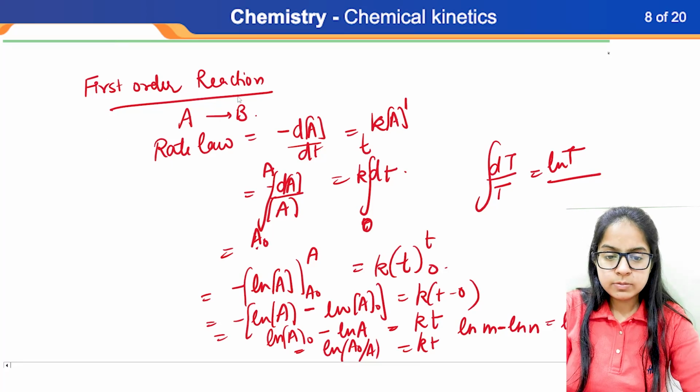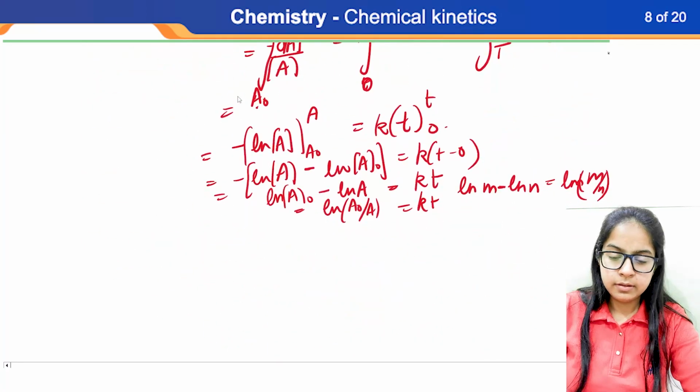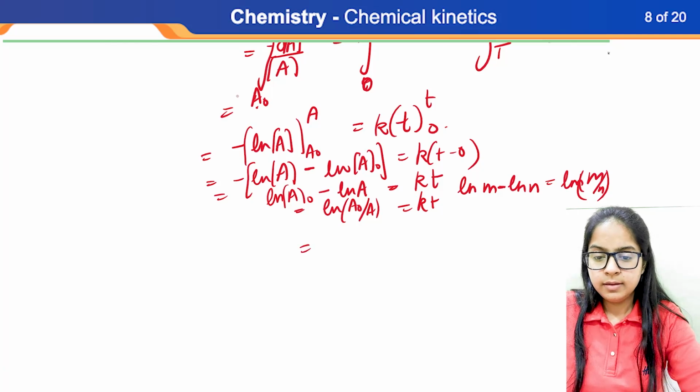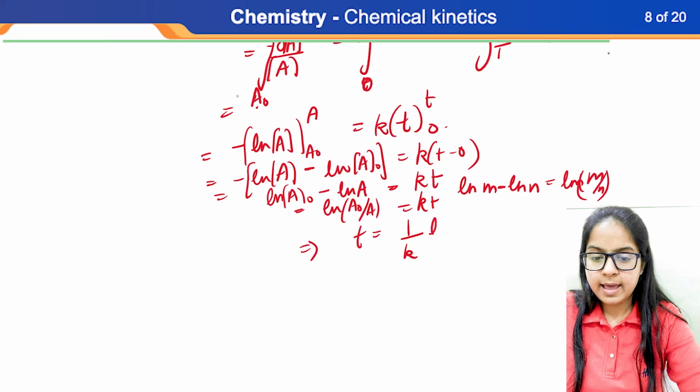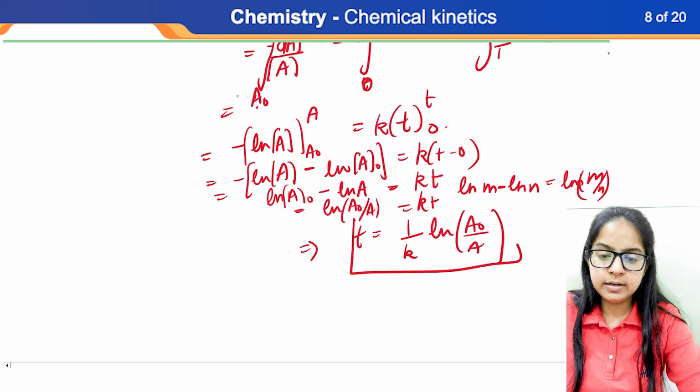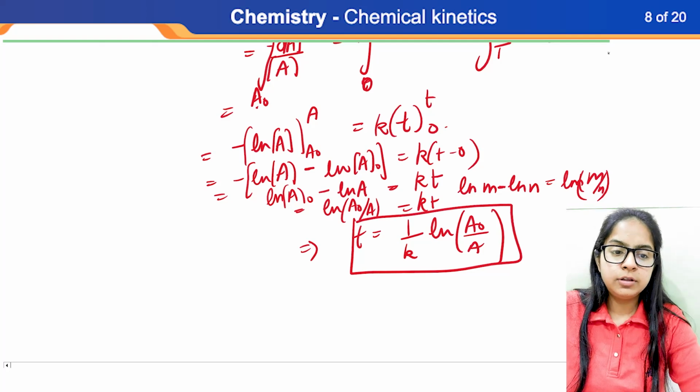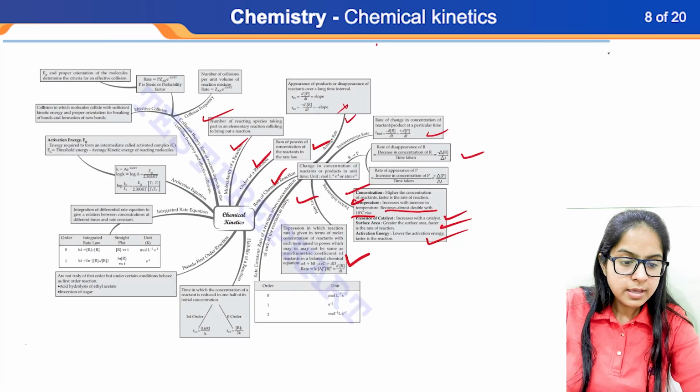Now I am going to explain the T: T is equal to 1 by K ln A naught by A. This is the integrated rate law expression for the first order reaction.